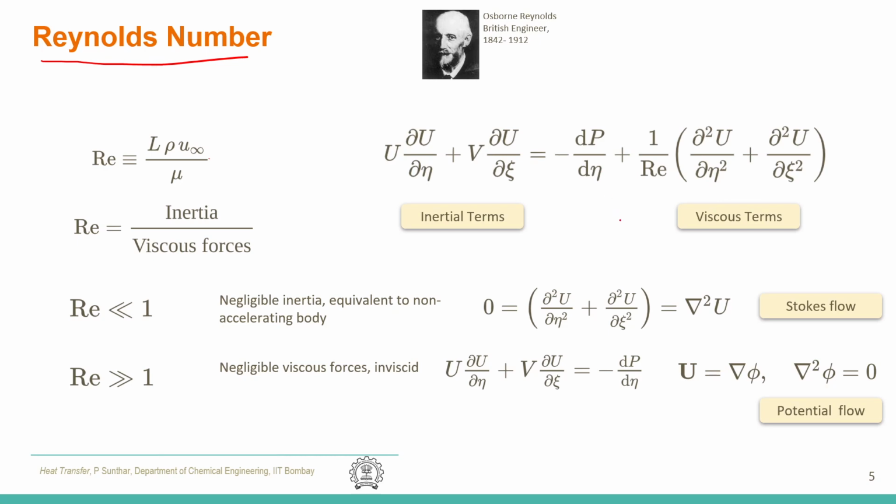You can encounter that in Stokes flow. If Reynolds number is very, very greater than 1, then the viscous forces are negligible, that is the viscosity is almost 0, so it is an inviscid flow. For that you can just consider it as potential flow.